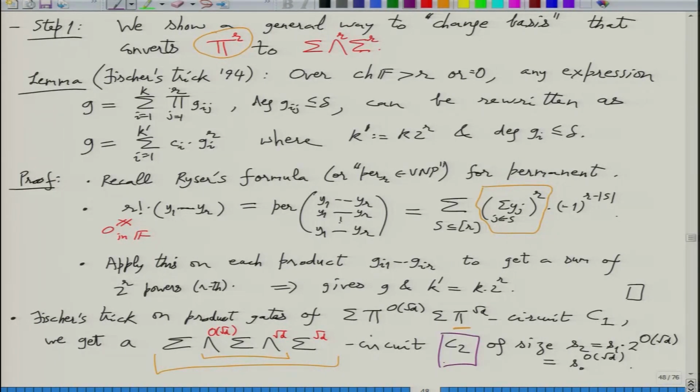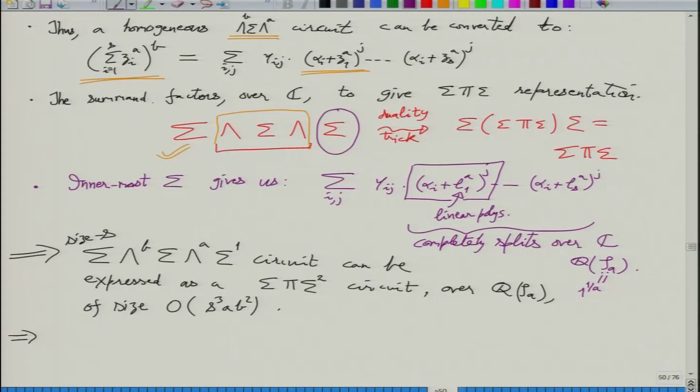That was C2. C2 was this depth 5 circuit where these powering fan-ins are square root D. This is your A and B. And the bottom sigma is also square root D. So let us now reduce to depth 3 using the reduction we have just seen, and let us call that circuit C3.